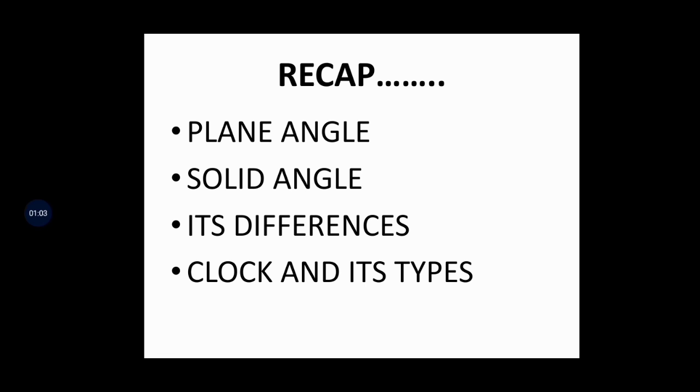Solid angle is 3D, three-dimensional. Plane angle's unit is radian. Solid angle's unit is steradian. And we have seen some of the differences also. And we have seen clock. A clock is a device used to measure time. Based on the display, it is divided into two types. Based on the working mechanism, it is divided into two types.